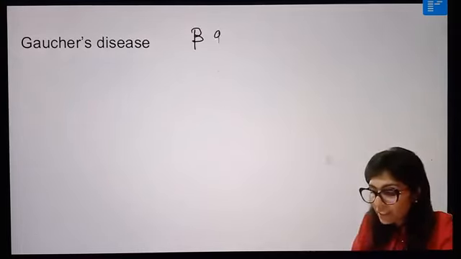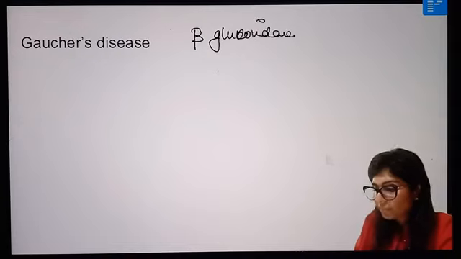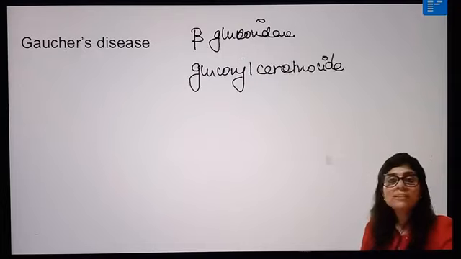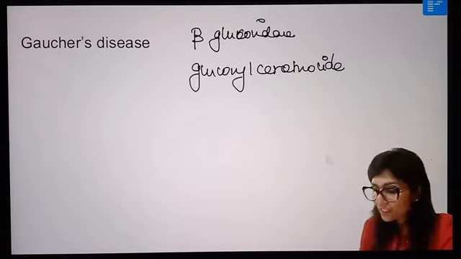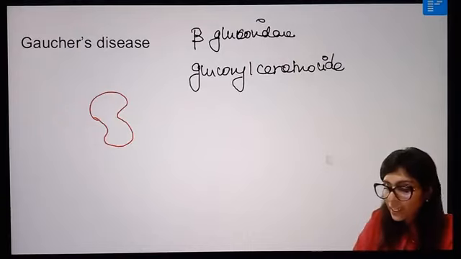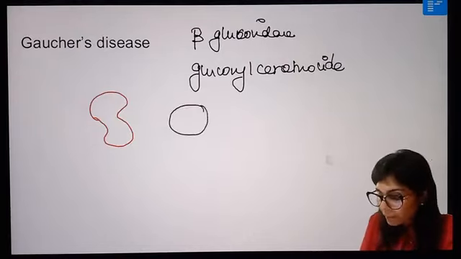First, tell me which enzyme defect? Beta-glucosidase defect. When this enzyme is defective, glucosyl cerebroside accumulates. What accumulates? Glucosyl cerebroside accumulates. And this glucosyl cerebroside is a feature of RBC membrane and platelet membrane.